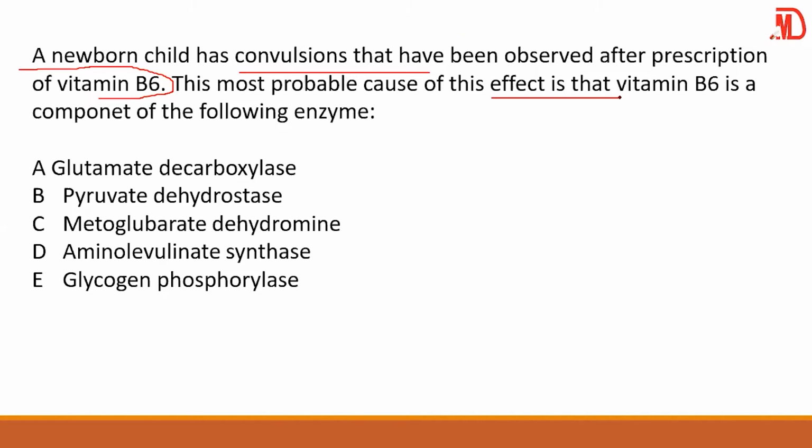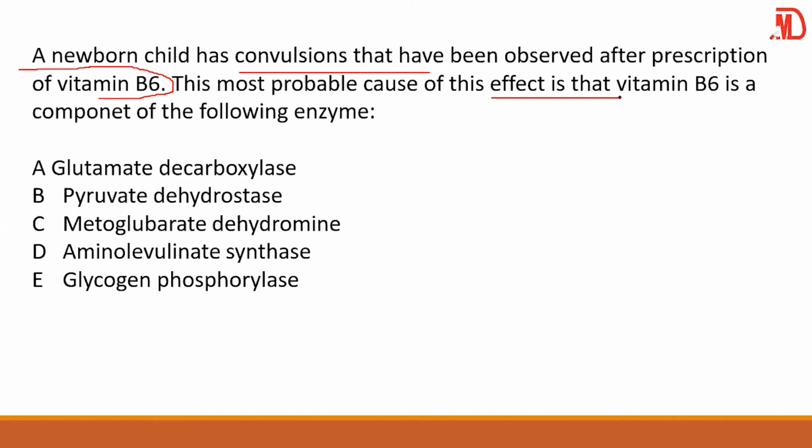But how do they function? They function through a process called decarboxylation, or glutamate decarboxylation. This is an enzyme that catalyzes the decarboxylation of glutamate to GABA.